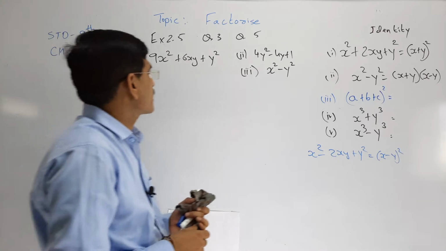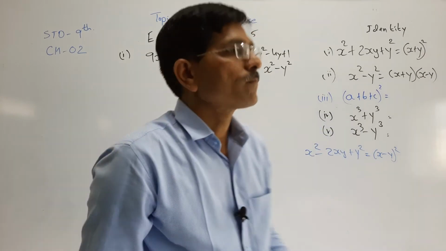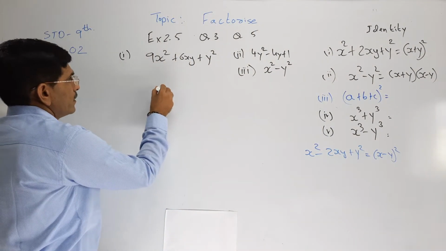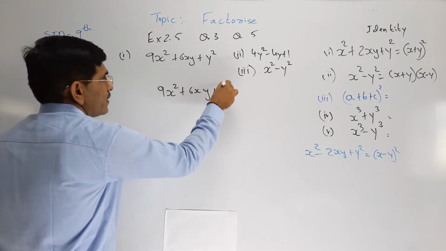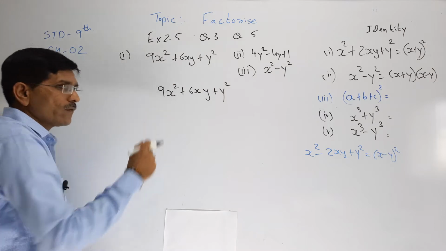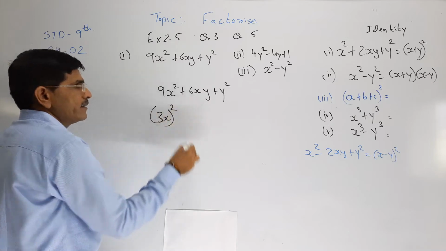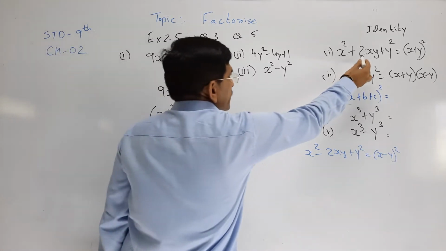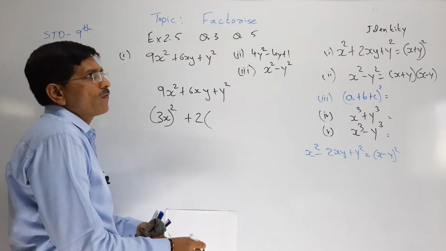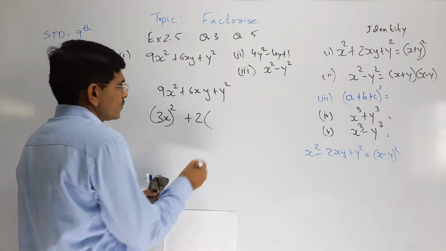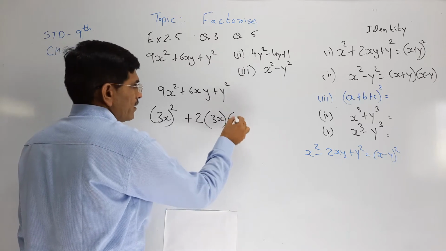Now 9x square is the square of 3x, so I write 3x whole squared, plus 2 in bracket, 3x, y, plus y square.